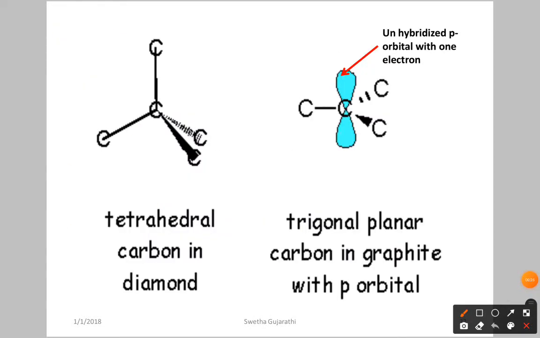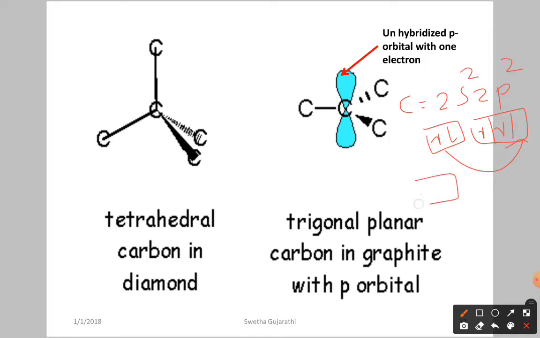So in graphite, what does sp2 hybridization mean? The valence electronic configuration of carbon is 2s2 2p2, isn't it? This is the ground state electronic configuration. Now one of the electrons is promoted to the p orbitals.